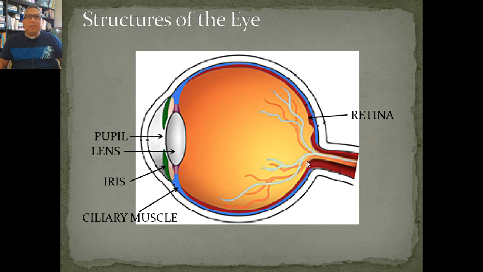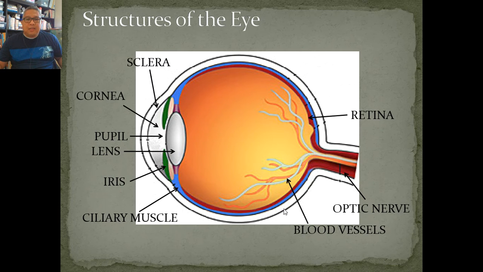That will be your blind spot. I can't find it now, but there is a certain experiment or activity that you can do to determine your blind spot. The optic nerve obviously is the nerve that transfers information from your eyes to your brain. Then there are the blood vessels and the sclera.